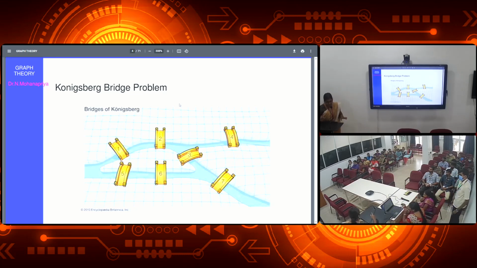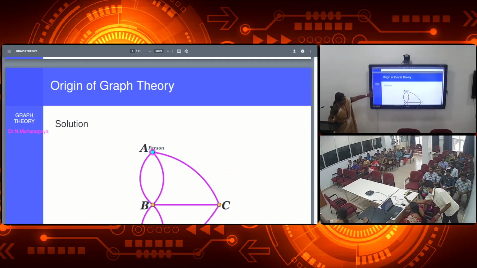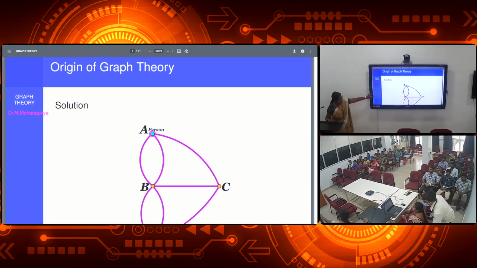So that is a problem. This problem is still an open problem, which is not solved yet. But Euler gave a solution for this problem by structuring the graph like this.